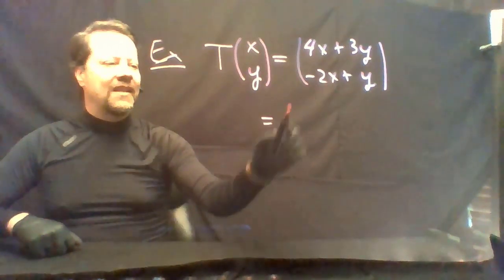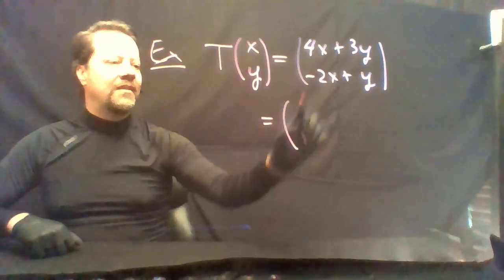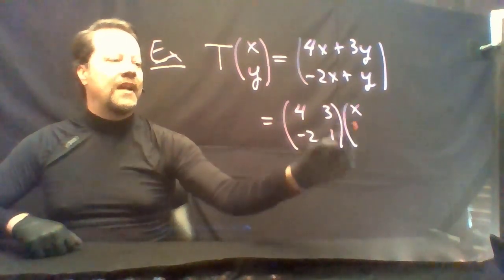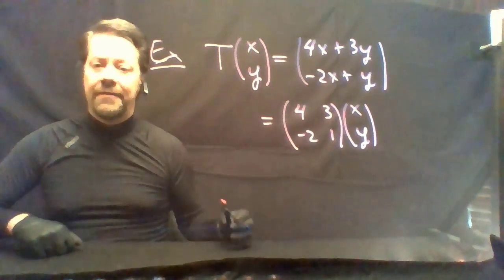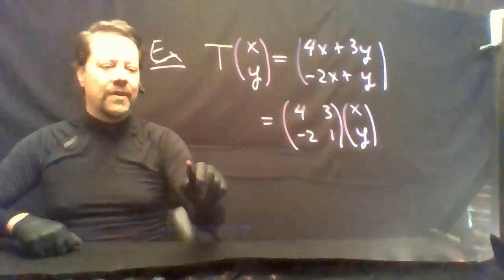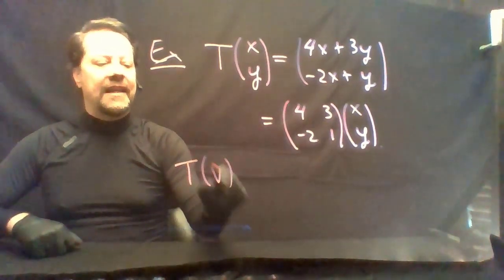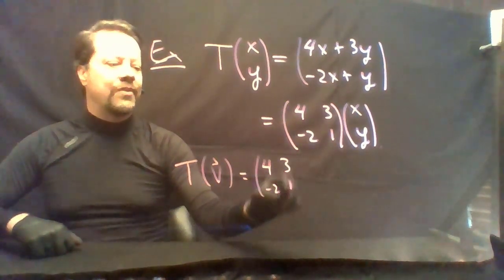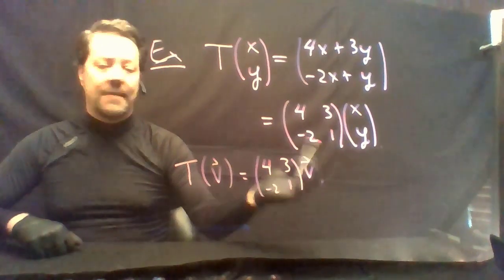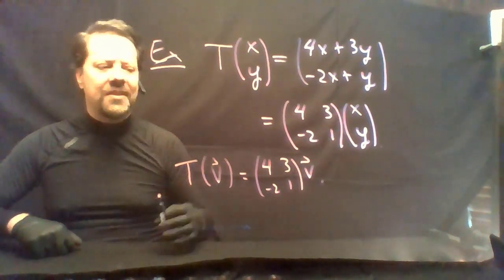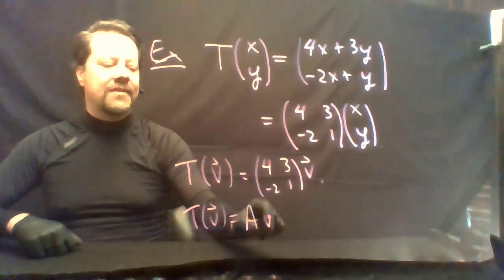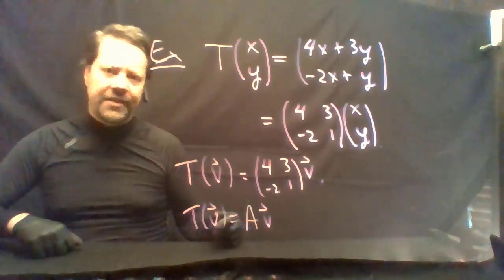You can see that this function takes the matrix 4, 3, negative 2, 1 and multiplies onto the vector x, y. In other words, T of v is the matrix 4, 3, negative 2, 1 times the vector v. Is such a thing, T of v equals a matrix times v, a linear transformation?